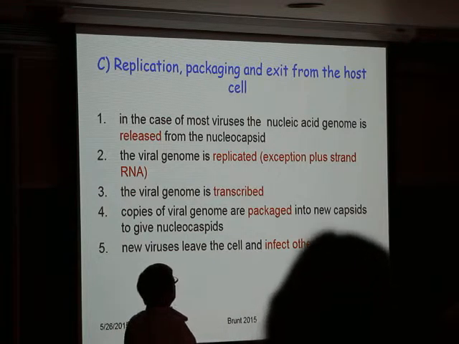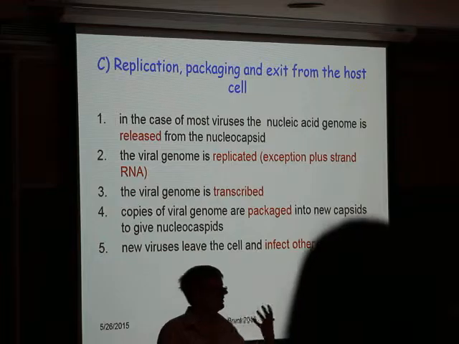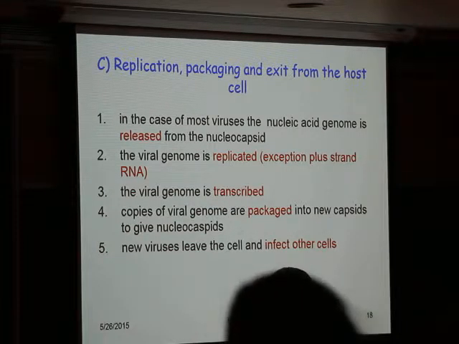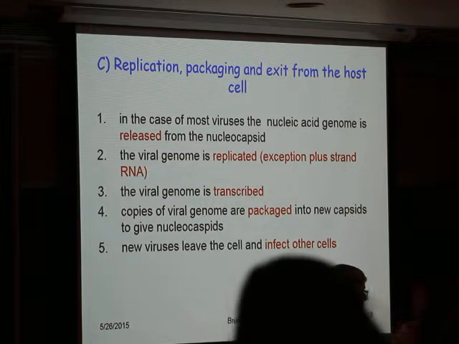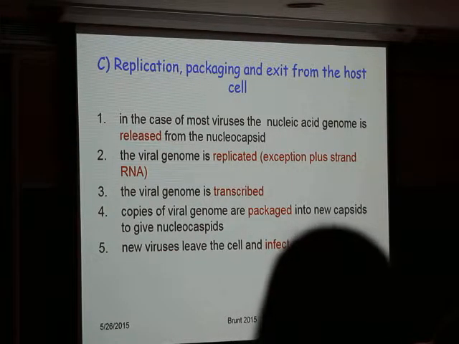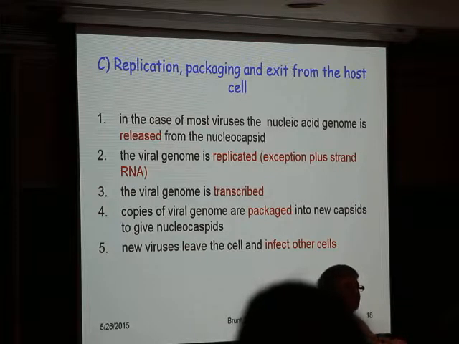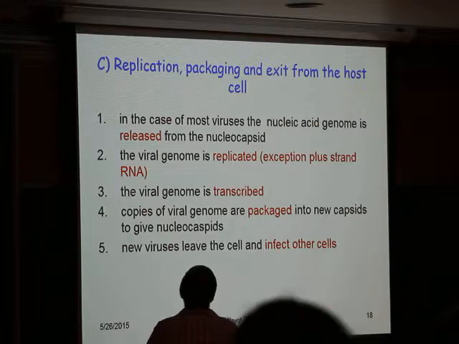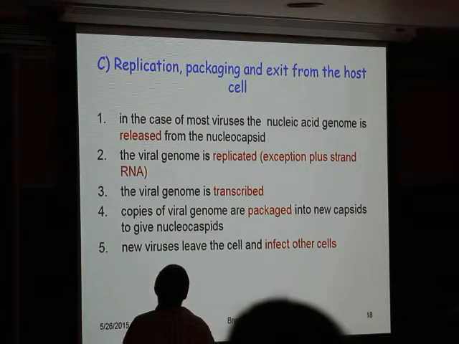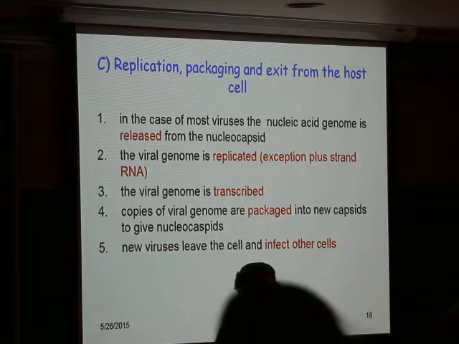If the viral genome is DNA, then that DNA will have to make its way to the nucleus to be replicated. And not only will the DNA have to be replicated, but messenger RNA will have to be made. Then that mRNA will have to exit the cell, proteins made, and then for packaging and also for further replication. So the viral genome is transcribed, then packaged, and then new viruses can leave the cell to infect other cells.